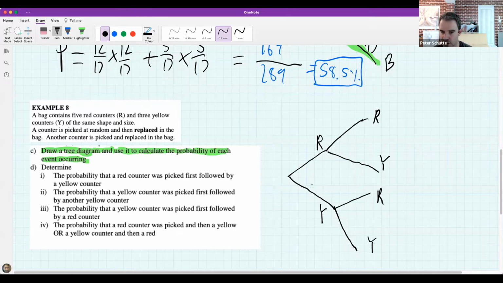Okay, that's not the prettiest tree diagram I've ever drawn, but you get the basic idea. This is choice 1 and choice 2. And I've got 8 in total. And so this should be 5 out of 8, and this should be 3 out of 8.